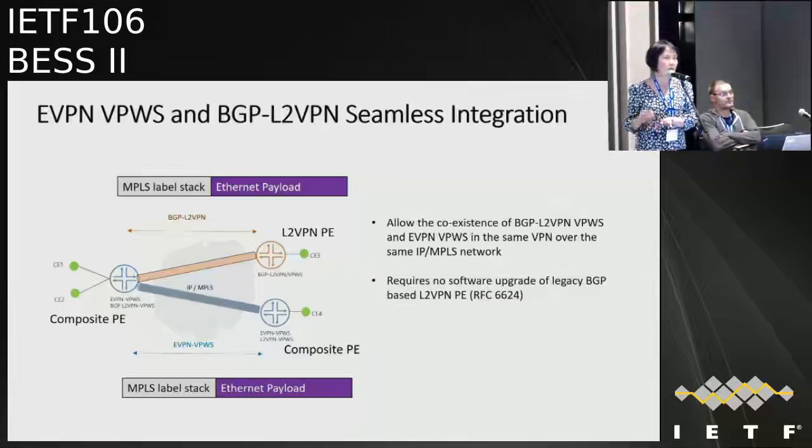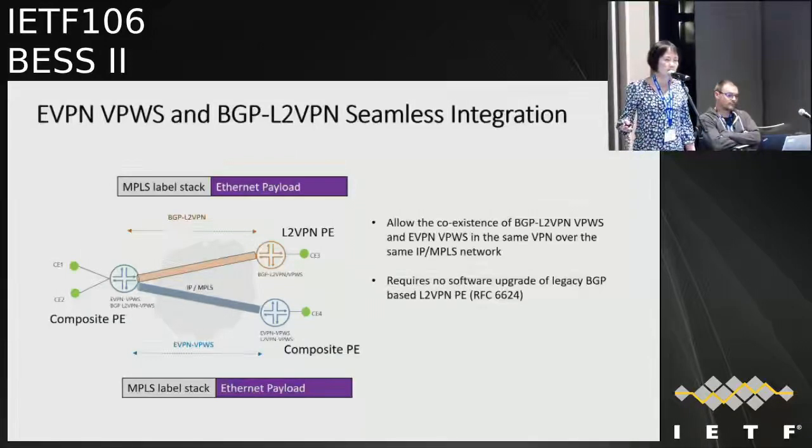We definitely cannot update the legacy PEs running in the system. But the composite PE will run both control plane signaling processes. For backward compatibility, they run BGP-based layer 2 VPN control plane signaling, and at the same time run EVPN VPWS-based signaling. There is no change to the control plane protocol on both sides. The hybrid PE needs to do both.